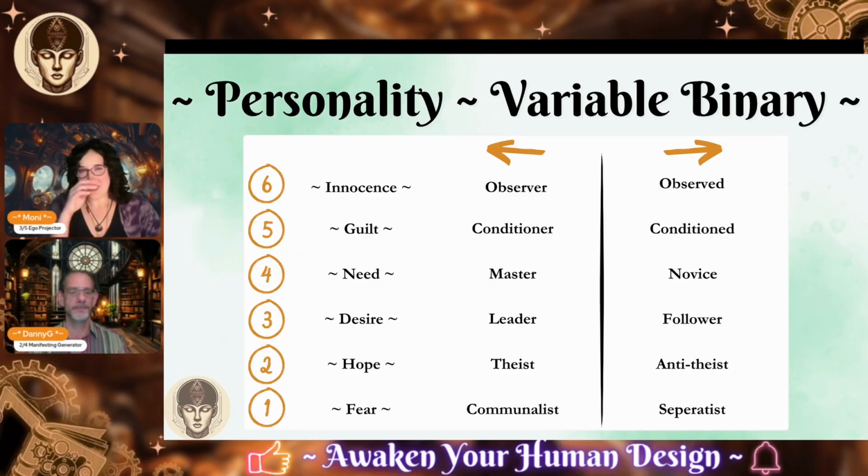It's really interesting with this variable binary thing on the personality side, right? Because the personality is like the mind, it does go from one extreme to the other, because how can you get to the place where you're going without starting from the opposite? Yeah, without ever losing all the good stuff that was built before.